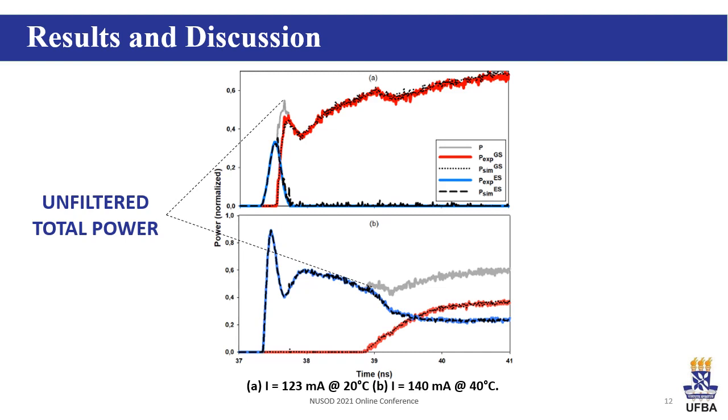Thus, we can graphically verify the low error obtained in the model and presented in the previous table. This happened in both scenarios, even with power curves having different characteristics due to the different operation temperature.